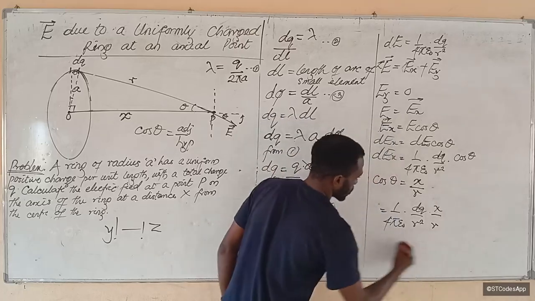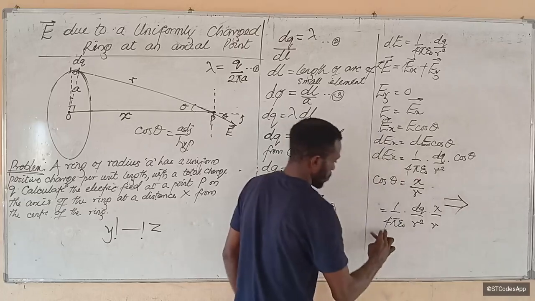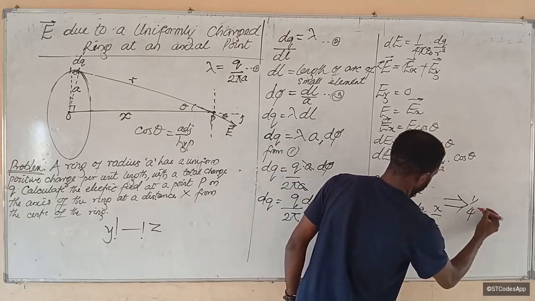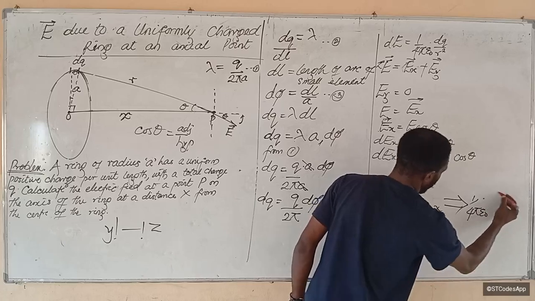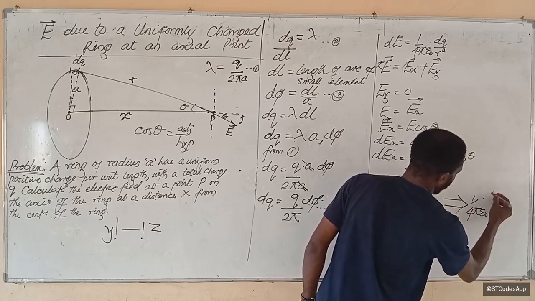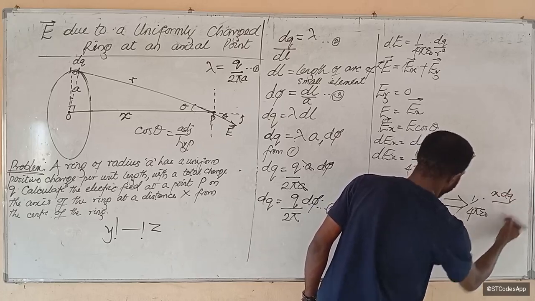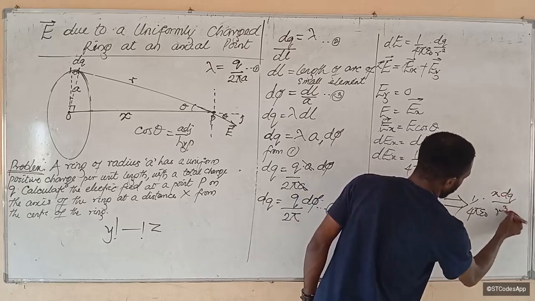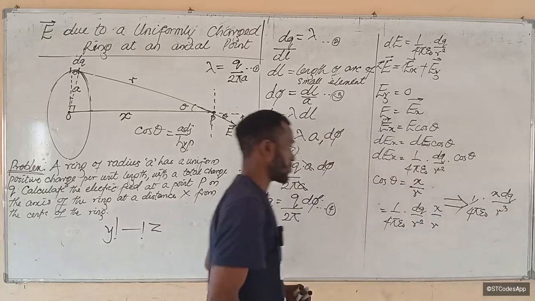This becomes 1 over 4 pi epsilon naught dot x dq over r cubed, by the time you multiply this by this.